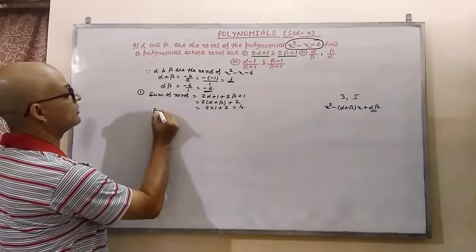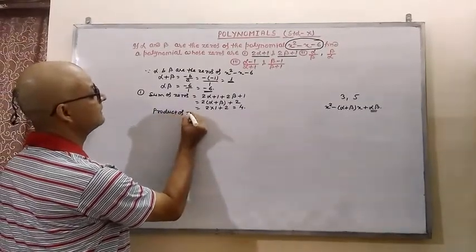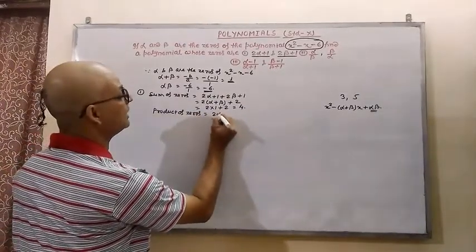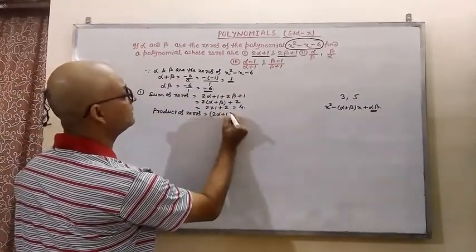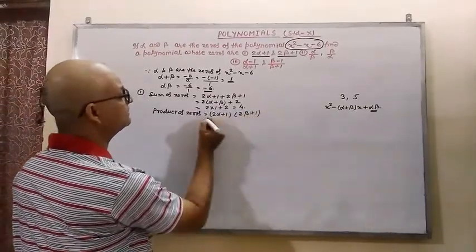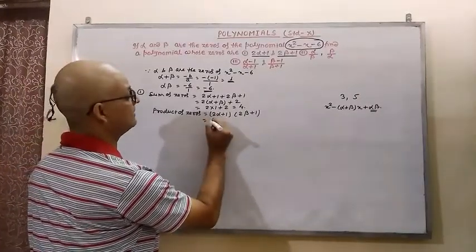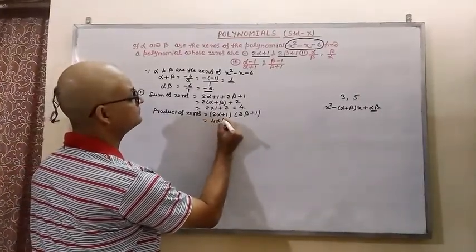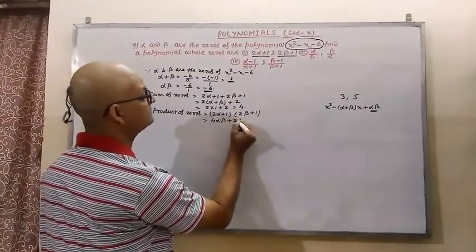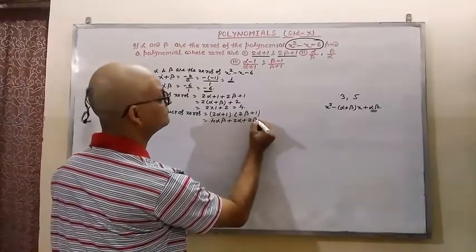Similarly, product of zeros is equal to (2 alpha plus 1) into (2 beta plus 1). Multiply these two. So 4 alpha beta, 2 alpha into 1, that is 2 alpha, 1 into 2 beta, that is 2 beta, plus 1.